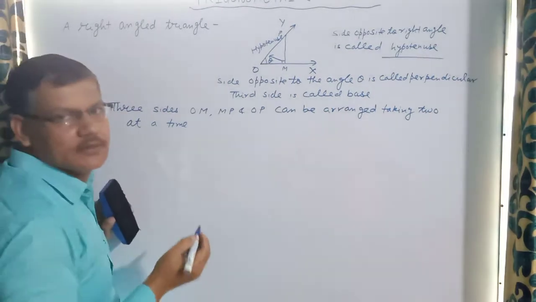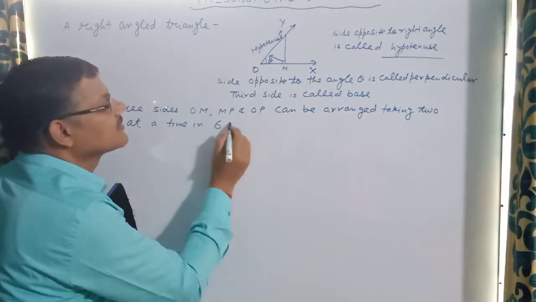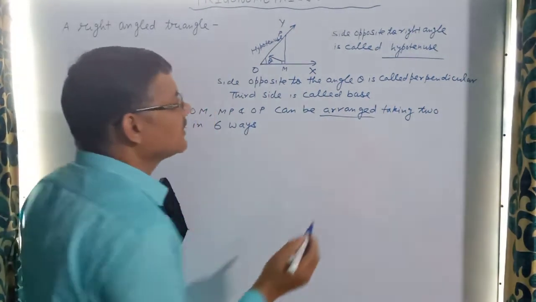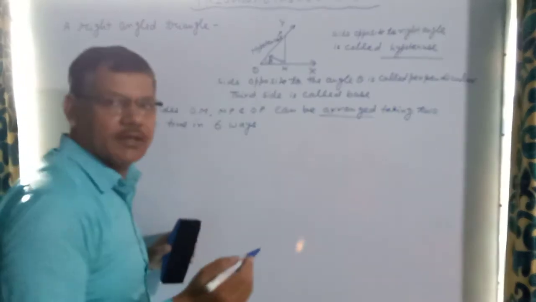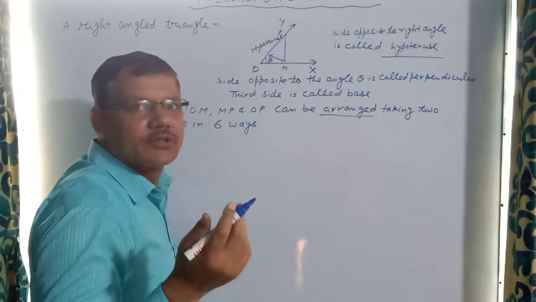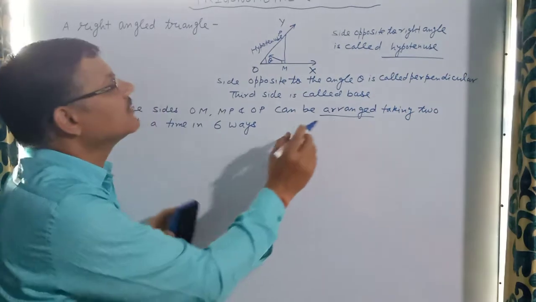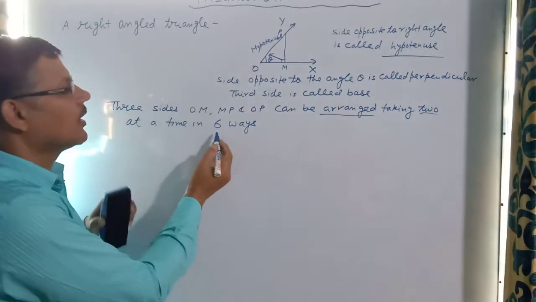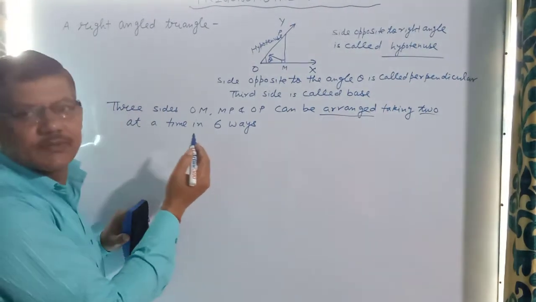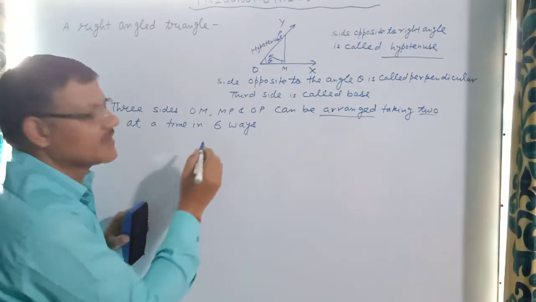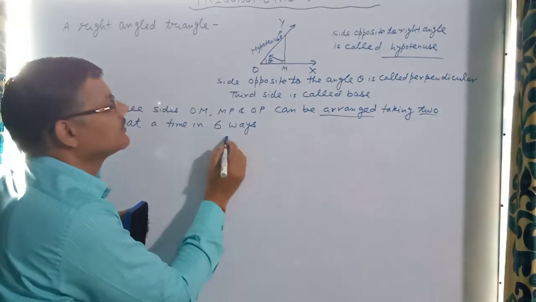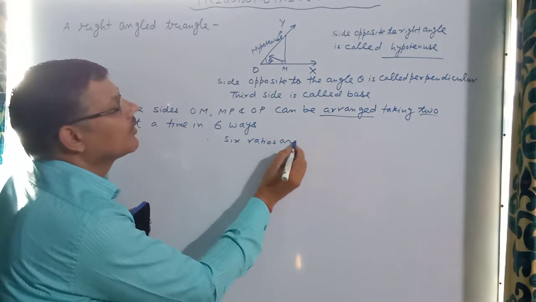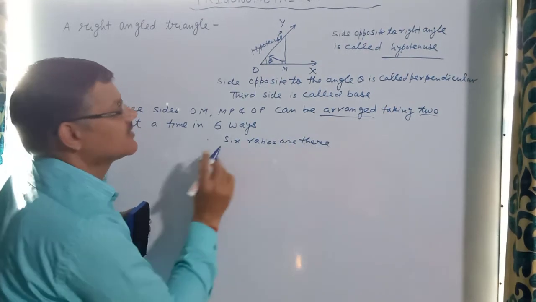In how many ways? In 6 ways. Since the arrangement depends on their number, we are going to take 1 at a time, or 2 at a time, or 3 at a time. When we take 2 at a time, there are 6 ways. So that's why there are 6 ratios. This is the reason.